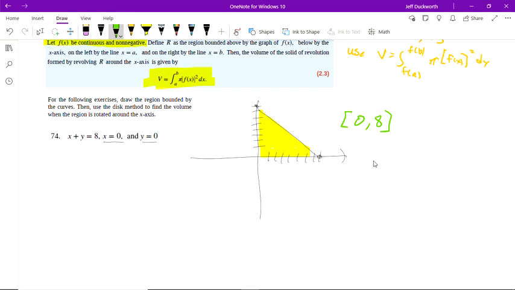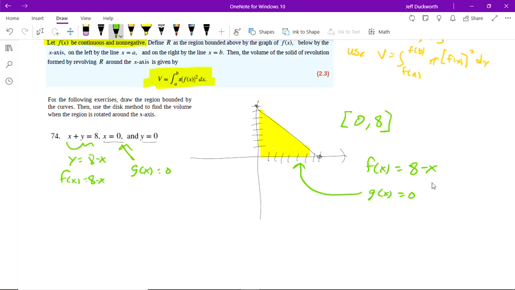And our top function, our f of x, will equal, so this one here is y is equal to 8 minus x. So this will be f of x is 8 minus x. That's the one on top. And on the bottom, so our g of x equals 0. So just the function y equals 0.